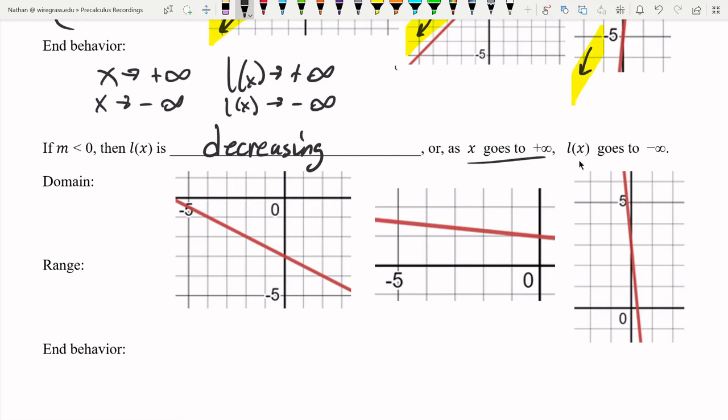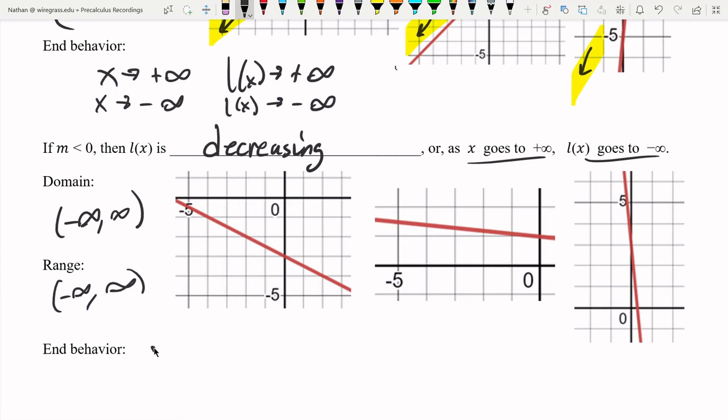As x goes to positive infinity, left to right, L of x goes to negative infinity, it goes down. The domains of all these, once again, are negative infinity to infinity. The range, you can see that we go down to negative infinity, and as you go right to left, the function goes upward, to positive infinity.